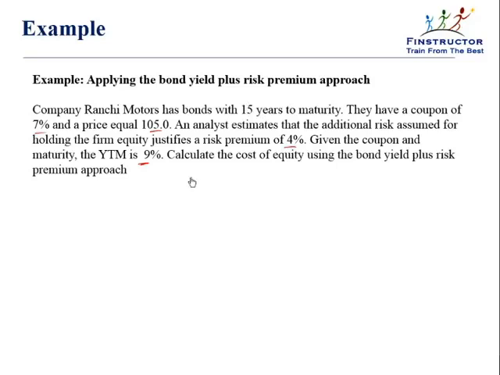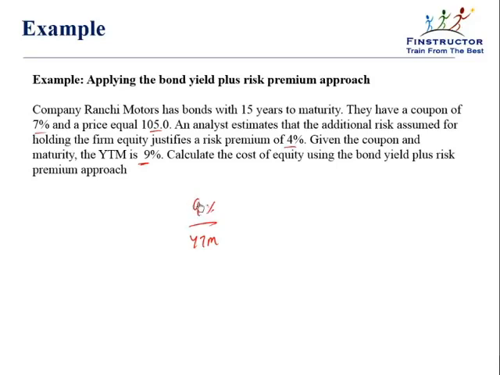In the bond yield plus risk premium approach, we just calculate the yield to maturity on the traded bonds of that company. And we see that if bonds themselves are trading at a yield of 9%, then if I'm investing in the equity of this company, I would want a higher return than 9% because the bondholder is guaranteed payments and is probably guaranteed some collateral also.